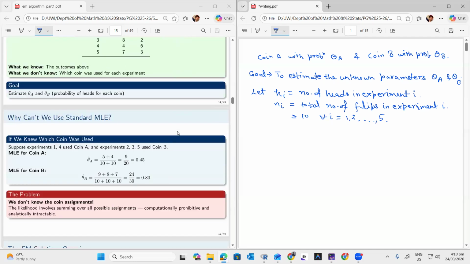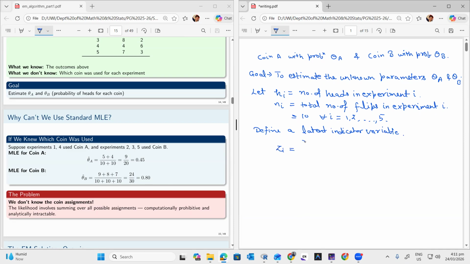What we usually do in a binomial experiment is find the probability of the total number of heads and total number of tails. But because the identity of the coin used in each experiment is hidden or unknown, we cannot find the values of theta A and theta B. So to handle this, we define a latent indicator variable, say Zi.